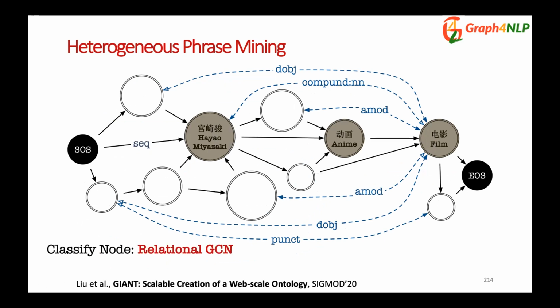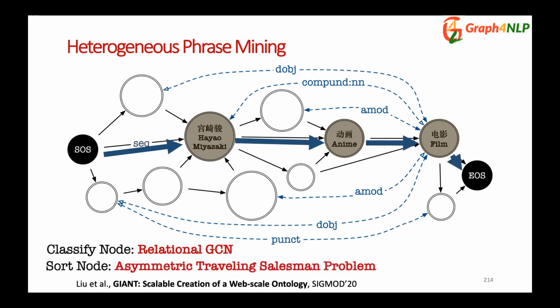And then we solve a problem which we call the asymmetric traveling salesman problem to find the shortest path between the start-of-sentence node and the end-of-sentence node, which connects all the positive nodes with the shortest path. Then along this path, we can get the order of the words.